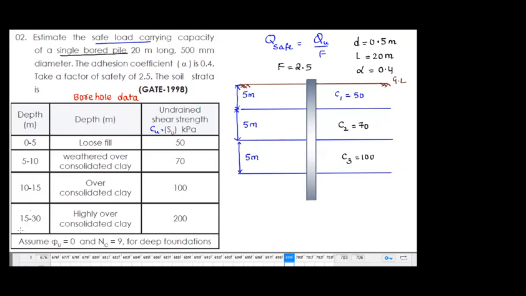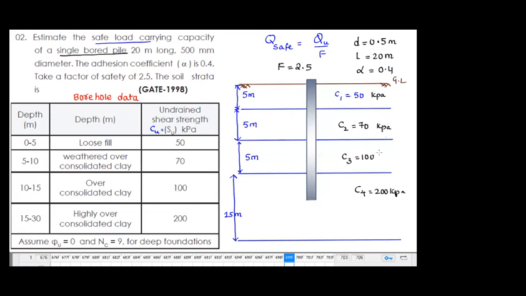Next, 15 to 30 meters, the C4 value is 200 kilopascals. So this is what is mentioned.